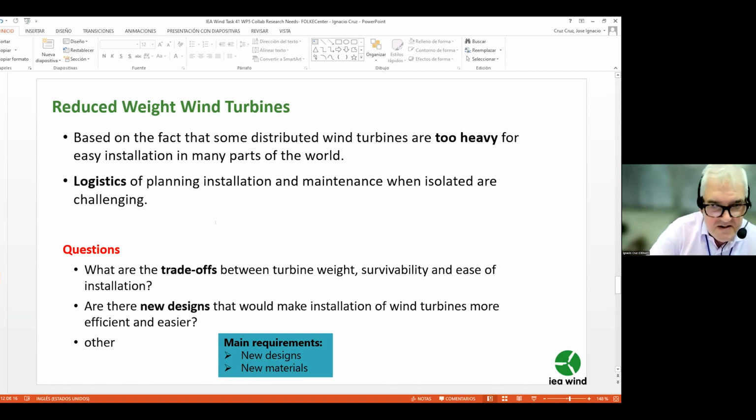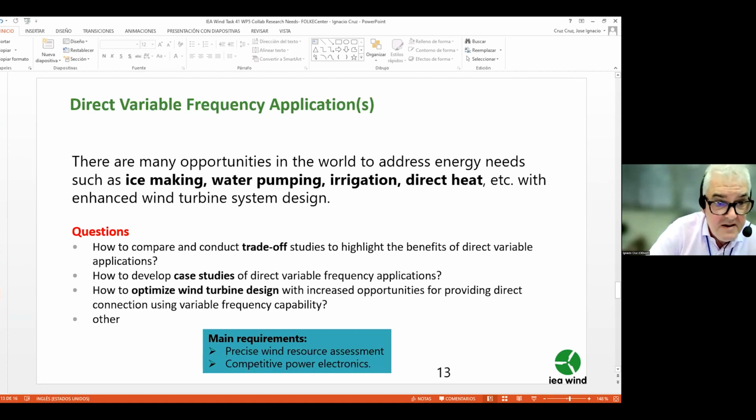This is really interesting, but it requires a very good wind assessment solution. It is also related to logistics, installation, cranes, and so on. Weight is very important, and also materials: what new materials are offering low weight solutions for wind turbines.